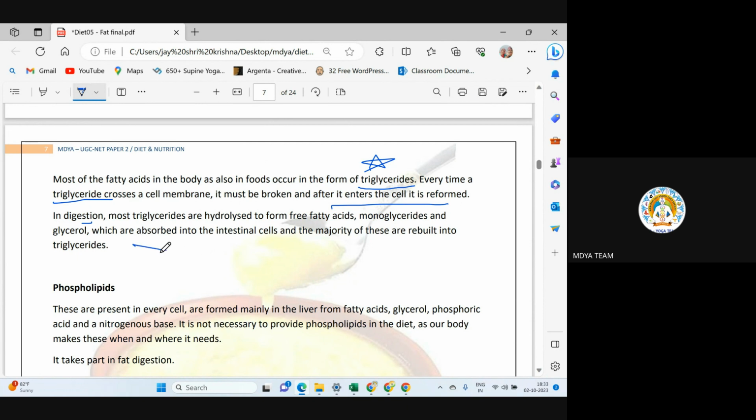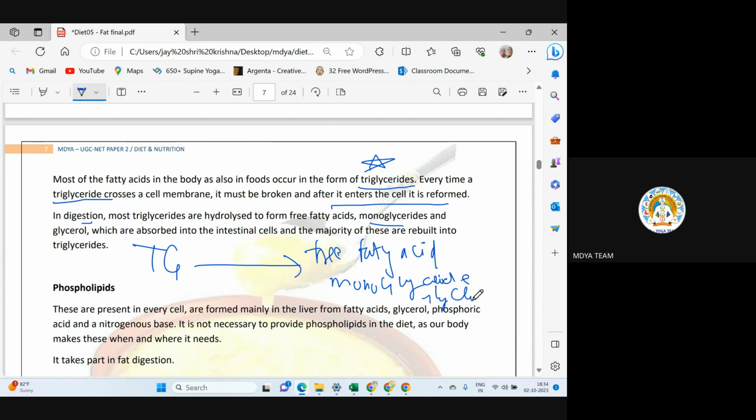Triglycerides are broken down into free fatty acid, monoglyceride and glycerol. Okay, I will explain this.